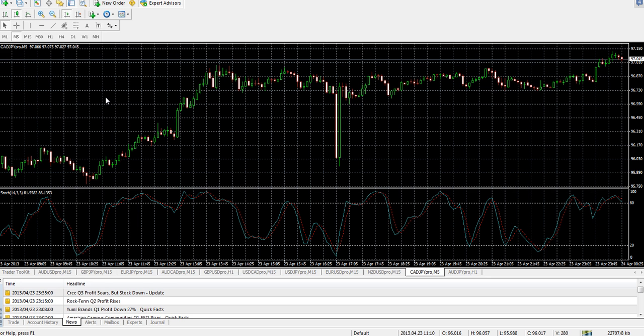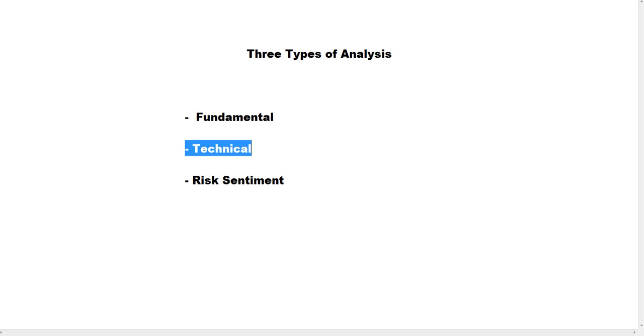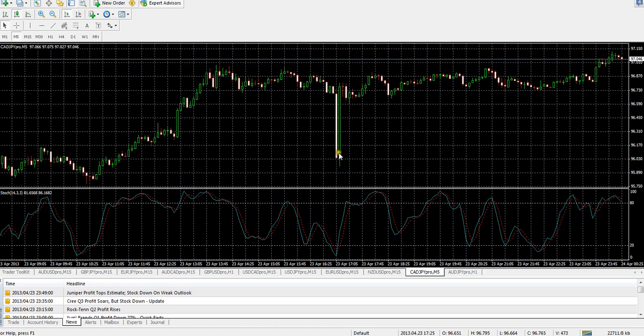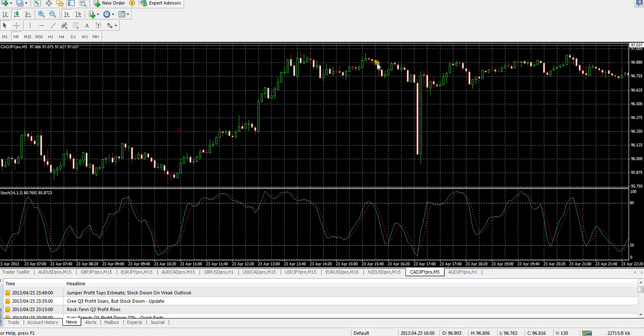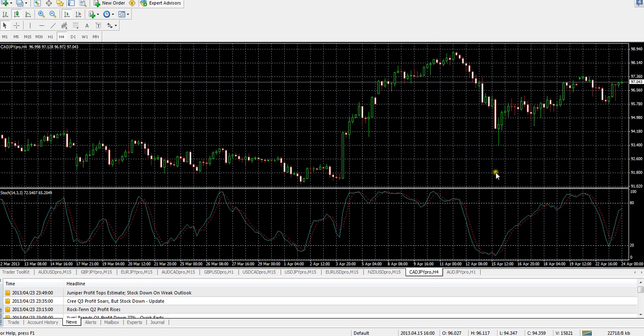But anyway, to move on to the third topic, which is risk sentiment. This one's kind of tricky to explain. I guess the best way is to give an example, but to start with, basically risk sentiment is: is the market a bullish market? Is it going up? Or is it a bearish market?